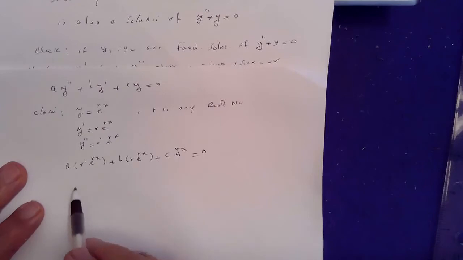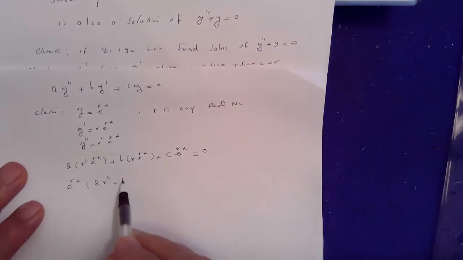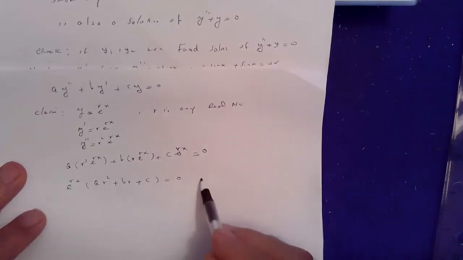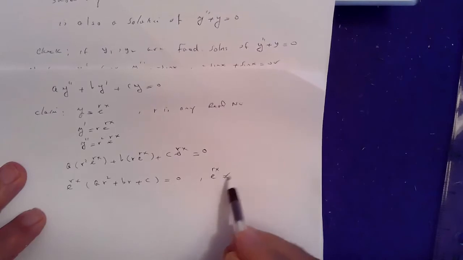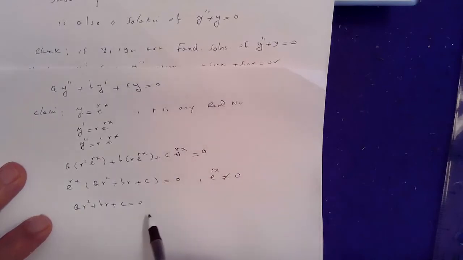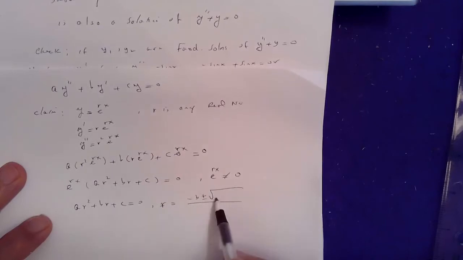Now I factor out e to the rx and come up with ar squared plus br plus c equal to 0. You and I both know e to the rx, no matter what x is, is not going to be equal to 0. So ar squared plus br plus c has to be equal to 0. If you use the quadratic formula, r is equal to minus b plus or minus square root of b squared minus 4ac, over 2a.